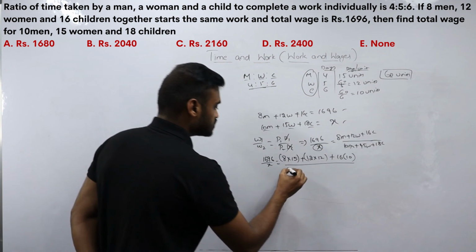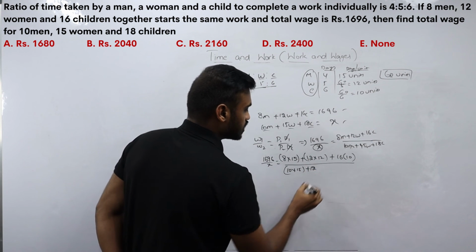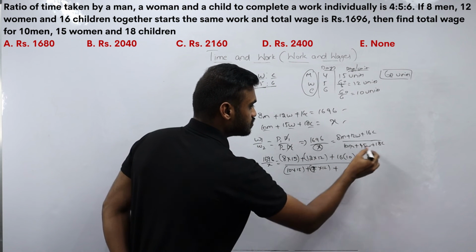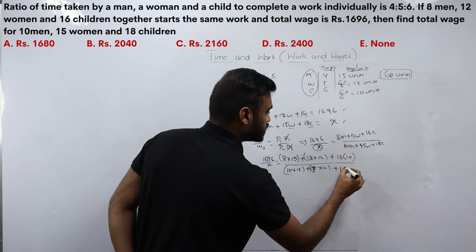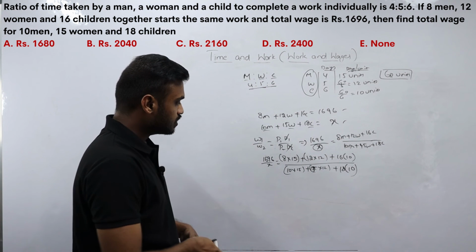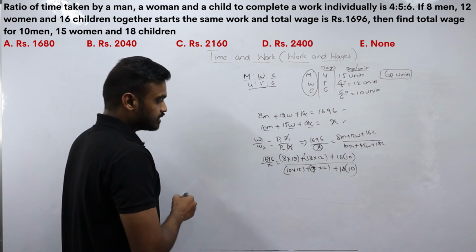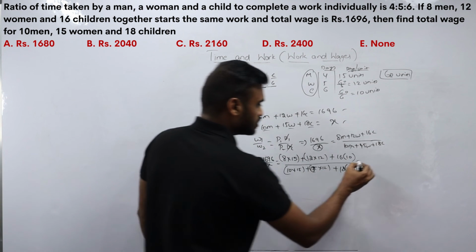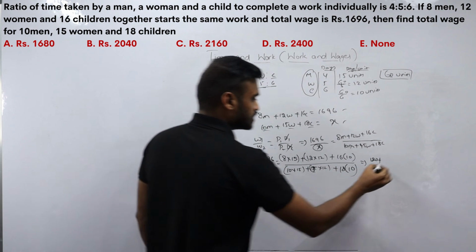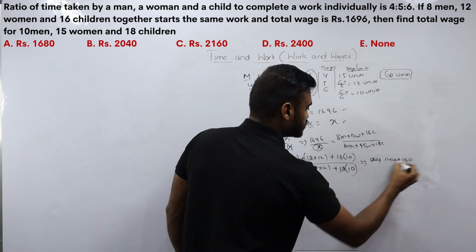A child is completing 10 units per day, so 18 into 10. Now adding the numerator: 8 into 15 is 120, plus 12 into 12 is 144, plus 16 into 10 is 160 units.